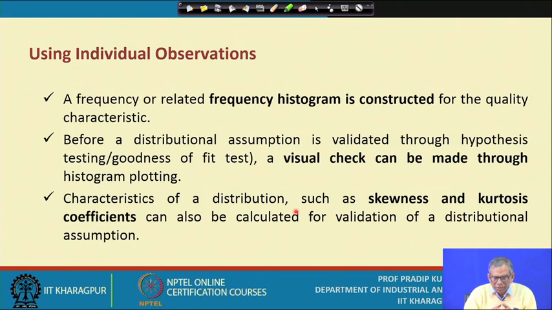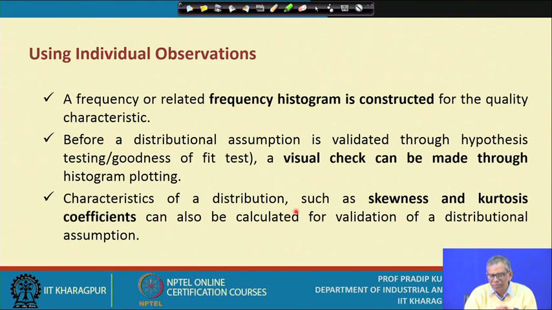Characteristics of a distribution such as the skewness and kurtosis coefficients can also be calculated, in terms of the moments of the distribution, that is, the first moment, second moment, third moment, fourth moment. As you collect more information, you may be in a position to compute the third moment as well as the fourth moment.